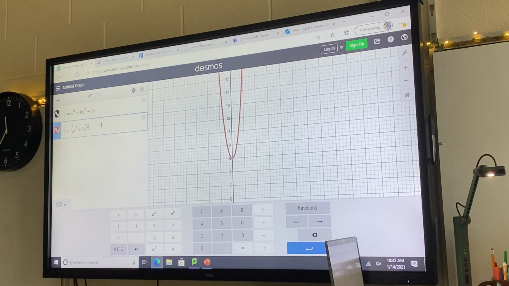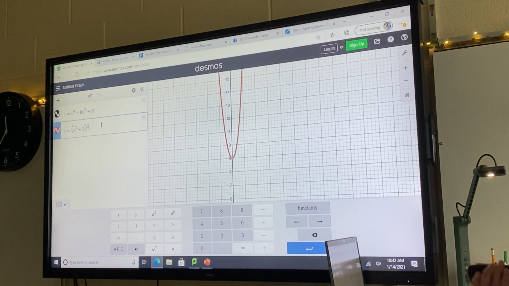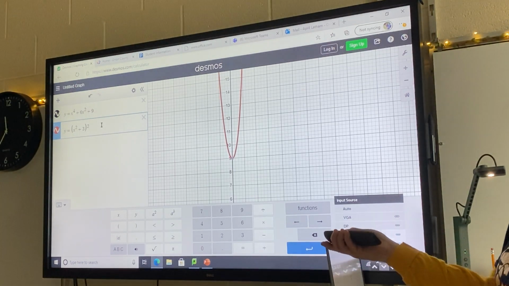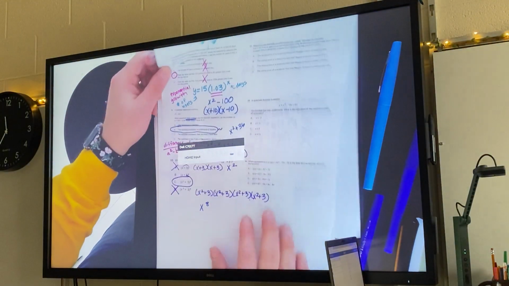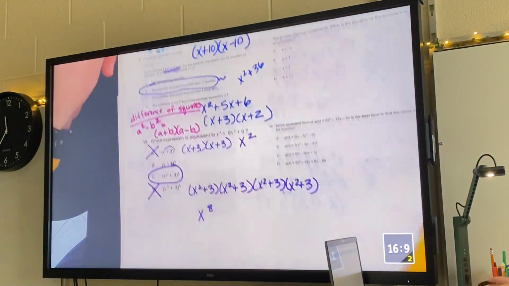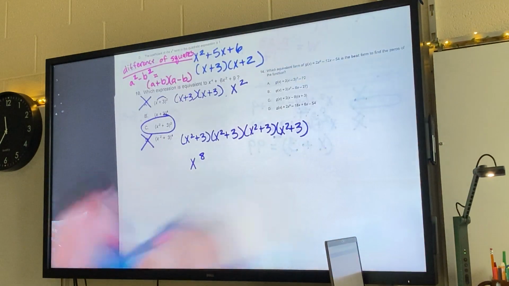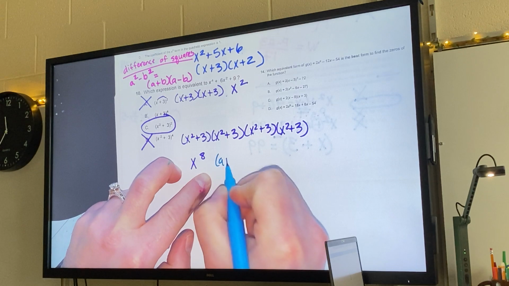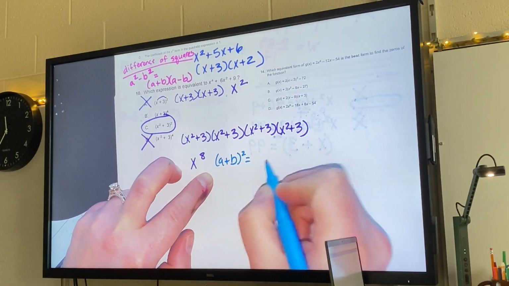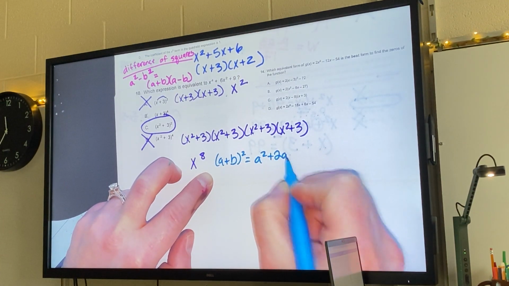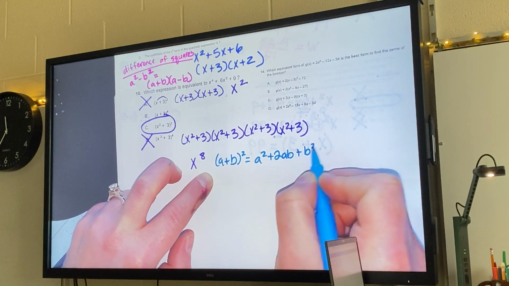And if you wanted to FOIL it out just to check, you 100% could. So 2 options. You could always use the formula a plus b squared equals a squared plus 2ab plus b squared.